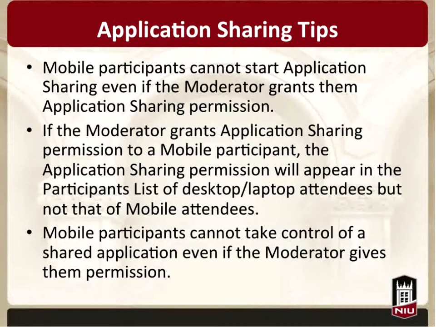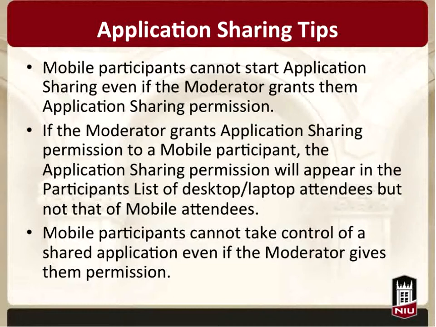If the moderator grants application sharing permission to a mobile participant, the permission appears on the participants list of attendees, but not on the mobile attendees. So as a moderator, what the second bullet point here is basically saying is that the system will not allow me to turn control over to someone on a mobile device, because it knows that that person cannot accept that invitation and take control.